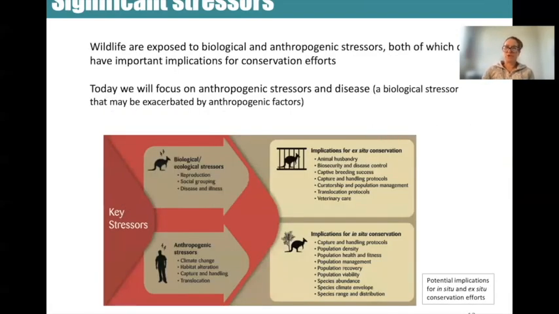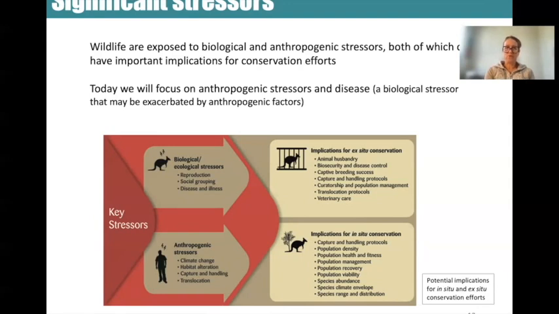Wildlife are exposed to biological and anthropogenic stresses, both of which can have very important implications for conservation efforts. So today we'll focus on anthropogenic stresses and disease, which is recognised to be a biological stressor that may be exacerbated by human activities.